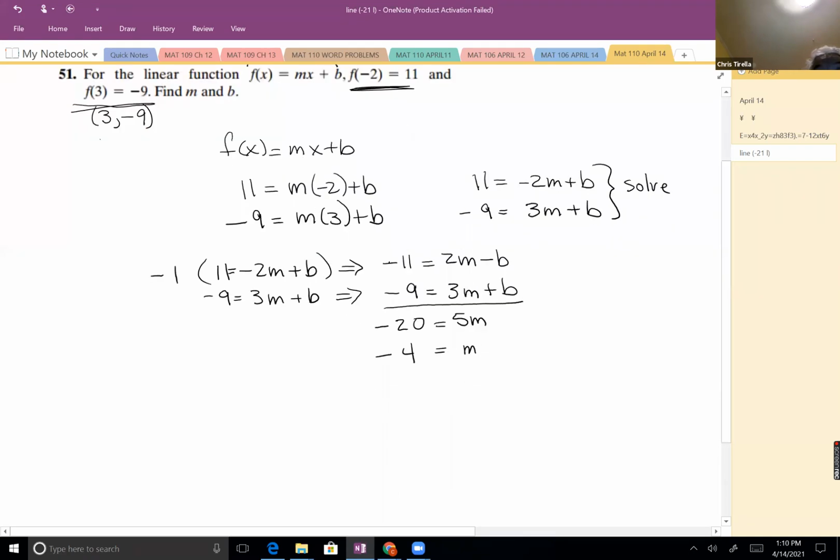Then to find b, I'll substitute. If I look at the 11 equals -2m plus b, I get 11 equals -2 times -4 plus b, or 11 equals 8 plus b, and subtracting, I get b equals 3.